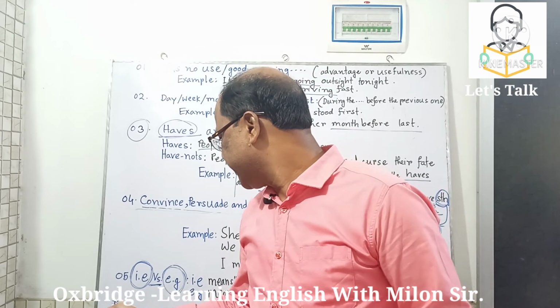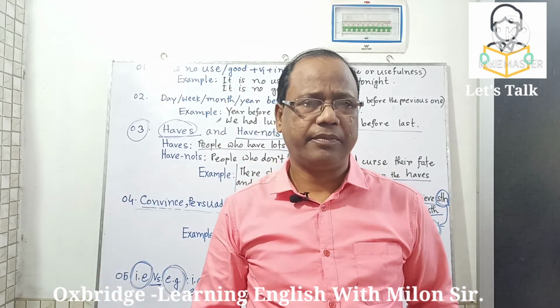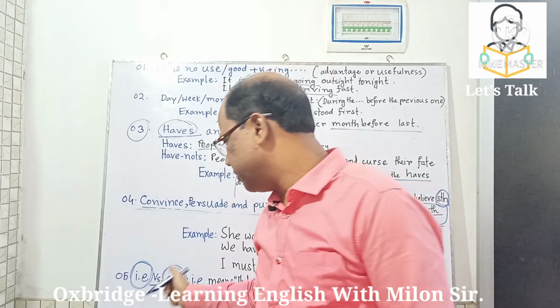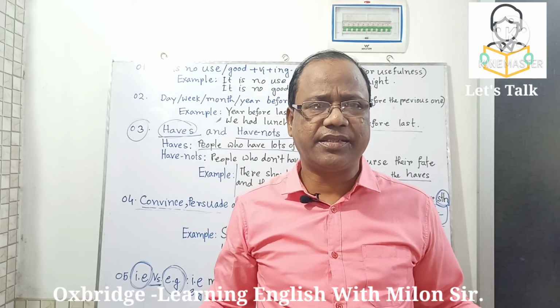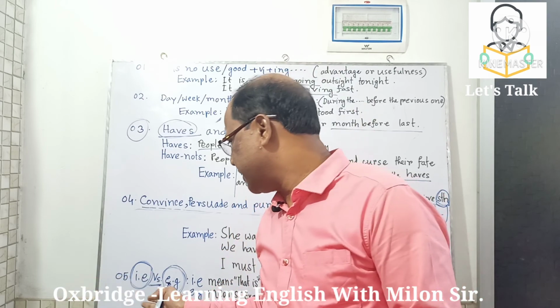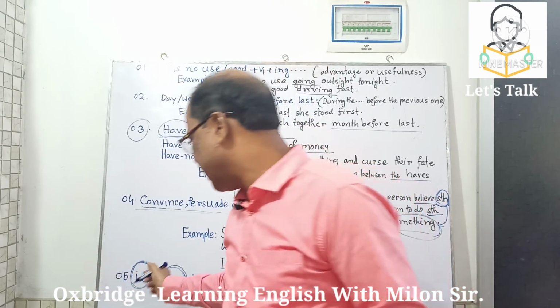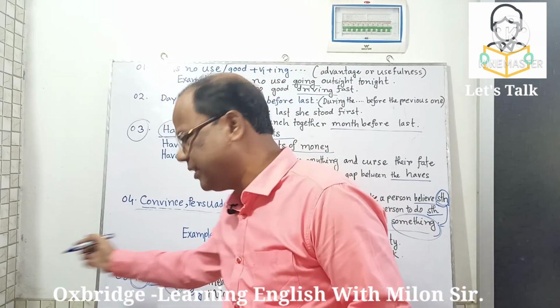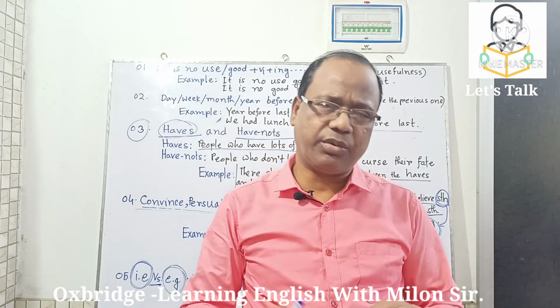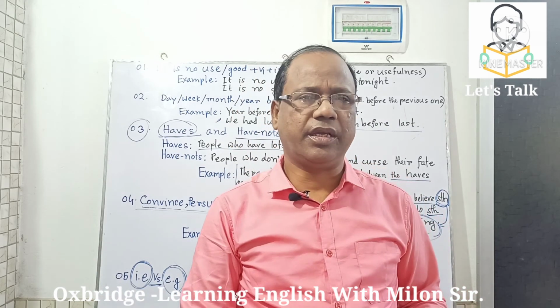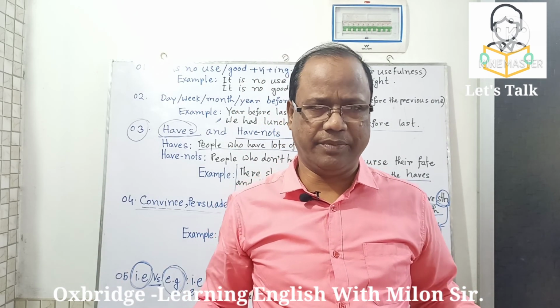So you must have a clear idea about these two terms, that is IE and EG. Sorry, I made a mistake here. IE means that is, or in other words, and EG means example given or for example.